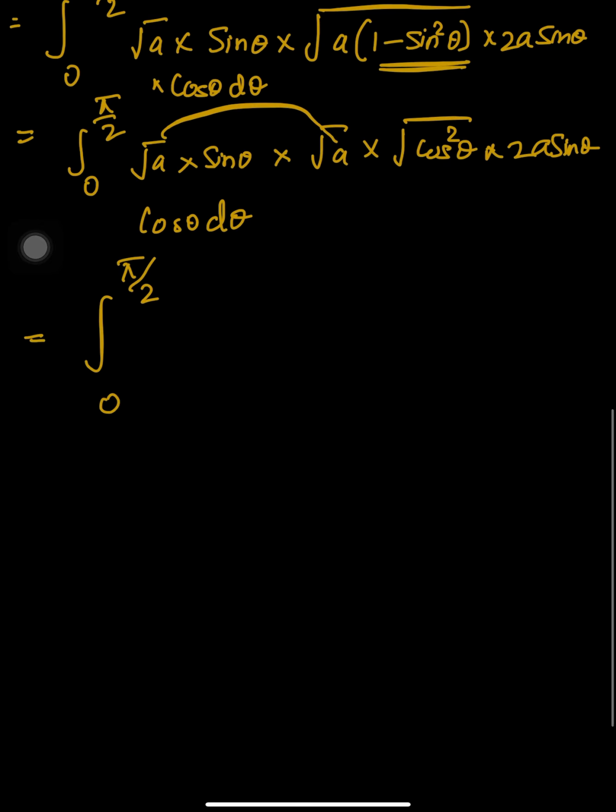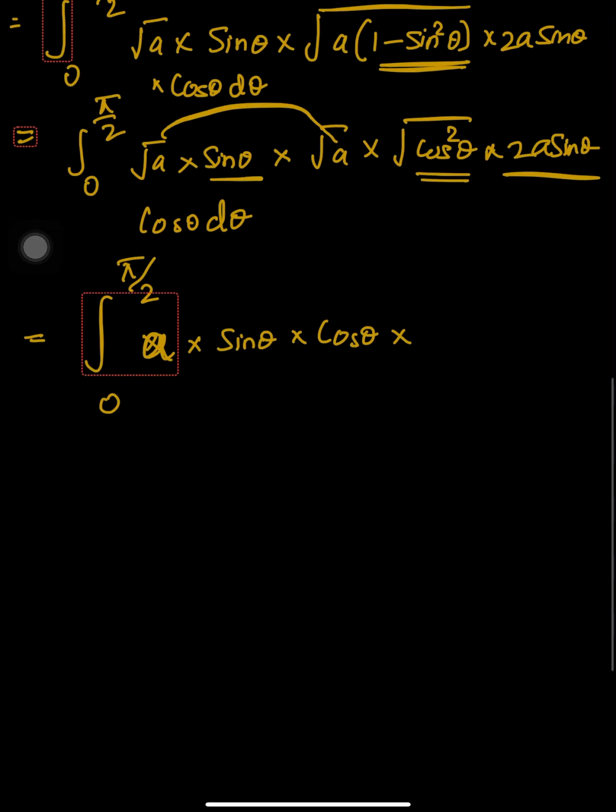Root a into root a is a. Cos square theta root is cos theta. So sin theta cos theta times 2a sin theta cos theta d theta.